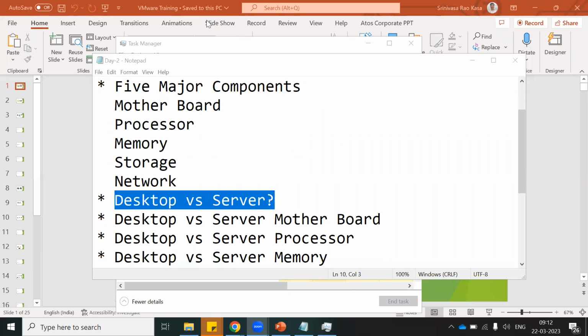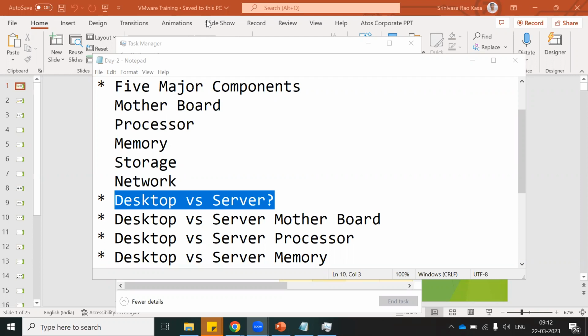Can I run my laptop continuously 24 hours, 365 days? No, right? That capacity, the power consumption, the form factor, and the performance of each component depends on how effectively we can run the server hardware continuously. If I run the laptop, whatever desktop you are going to use, for 24 hours, the system is going to get heated and it is going to freeze.